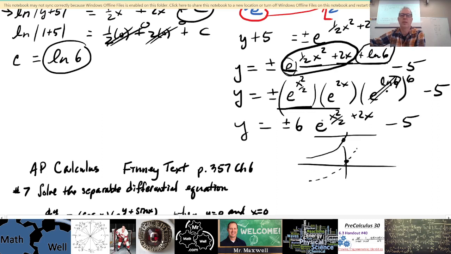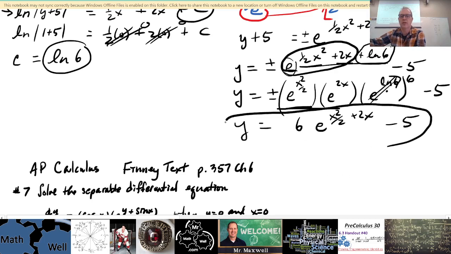And you could put in 0 for x and 1 for y and figure out if the positive or the negative makes them equal. But because of each of these two ways I just mentioned, it's the positive 6. So that's where you get this as the answer, the way they have it stated there.